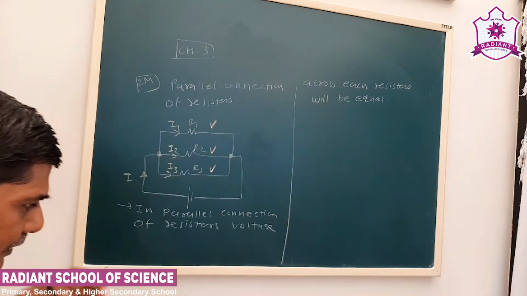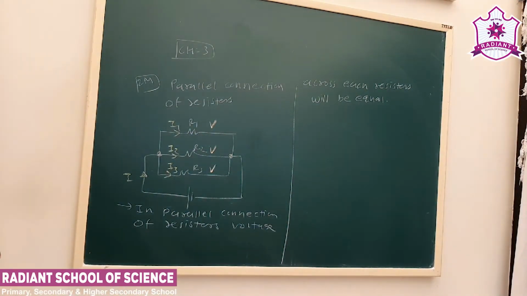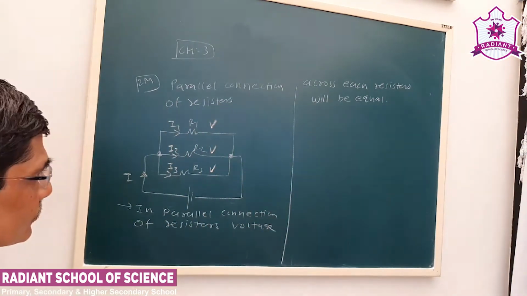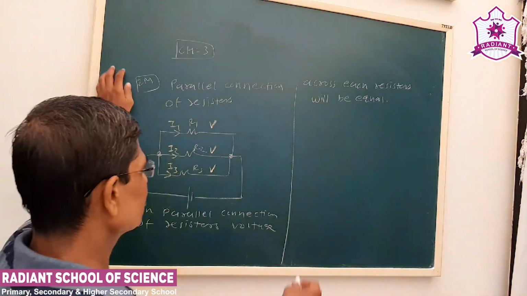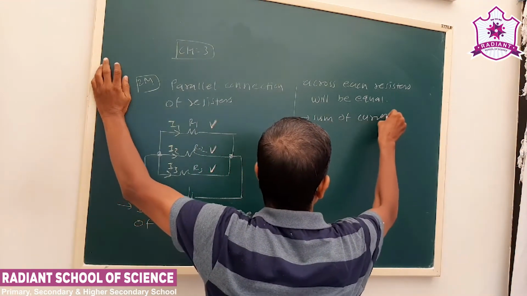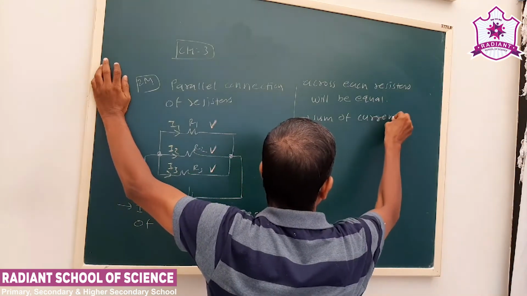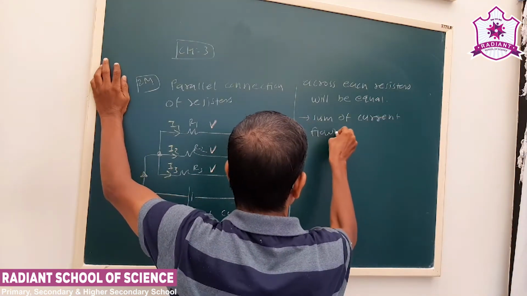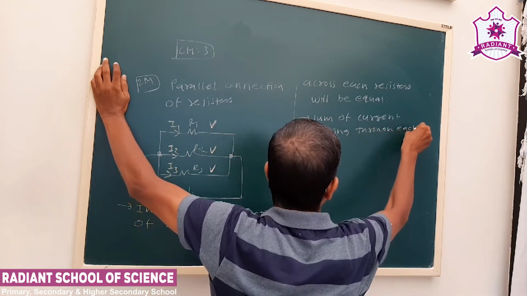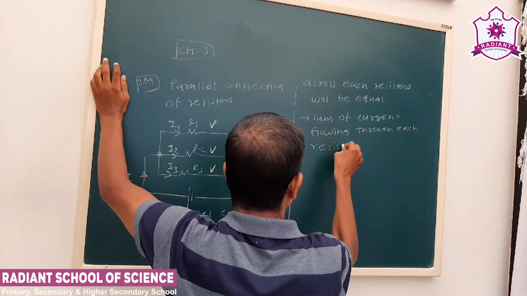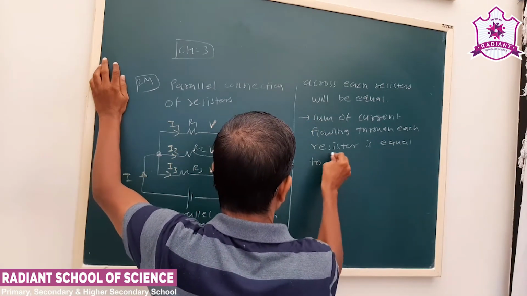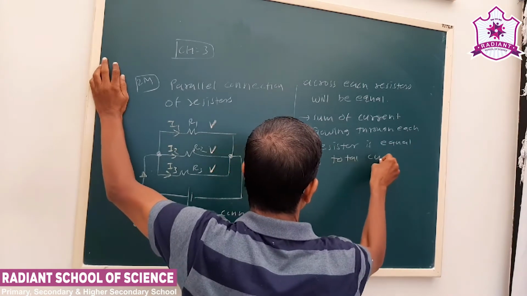Okay, now what we have seen, in parallel connection of the resistors, see the voltage across each resistor will be the same, will be equal, and the sum of the current flowing through each resistor is equal to the total current in the circuit.